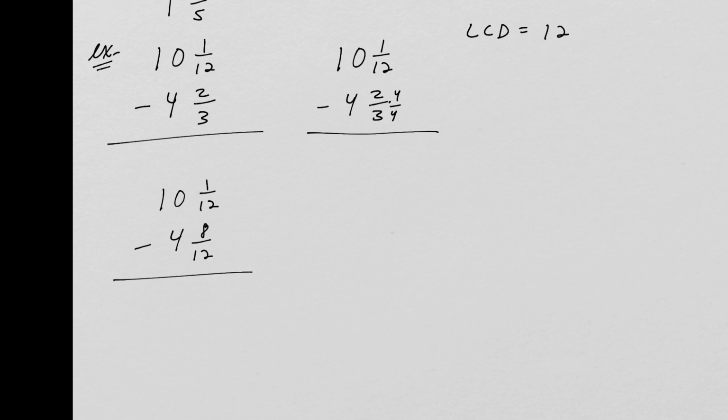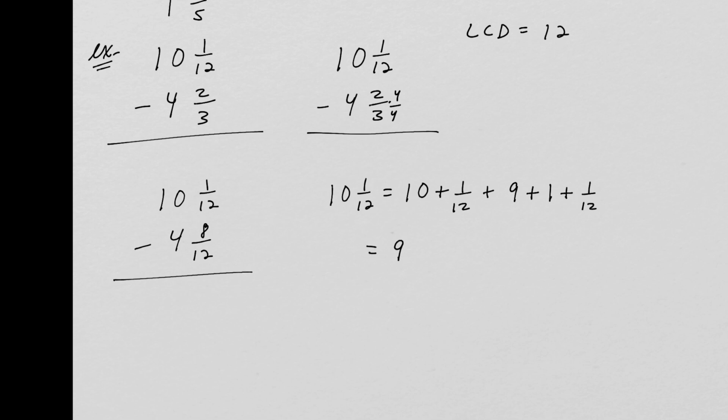All right, but I can't subtract those fractions right now, right? Because the top fraction is smaller than the bottom fraction. So I can't subtract. This one has to be larger. So we need to borrow 1 from the 10 here. So again, the way you want to think about this is 10 1/12 is the same as 10 plus 1/12, but that's the same as 9 plus 1 plus 1/12.